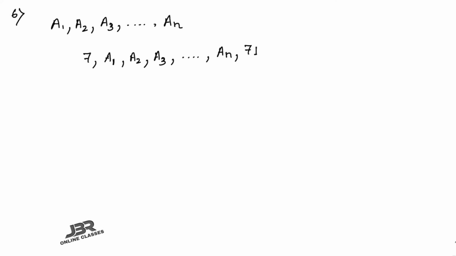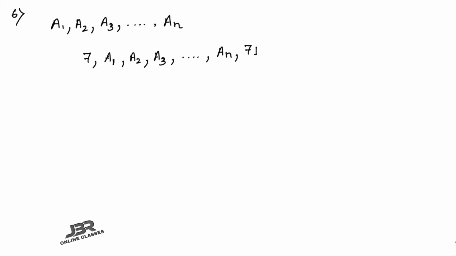I repeat, a1, a2, a3 in this way up to an are the arithmetic means. So that means first number 7, second number a1, after that a2, then a3, dot dot dot, then an, and then 71.